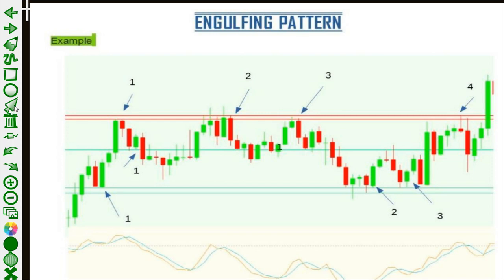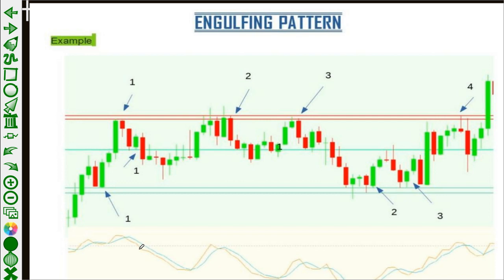The stochastic is at the oversold level, but the line is facing upside. We are going to avoid that trade also, because the chances are that the market will break the level and move up, or the market will form a doji or a small green candle, which will affect our accuracy.